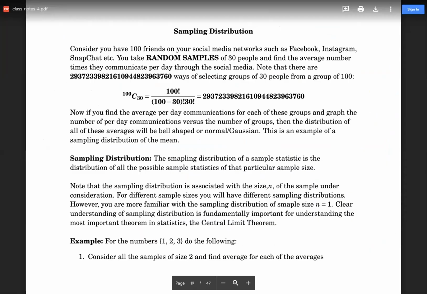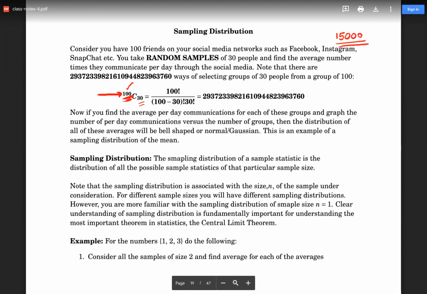Now, just to give you an idea, look at this. This is crazy. Having a population of size 100 is nothing. It's really small. Even our Hartnell College has 15,000 students, and I'm talking about 100. Let's say Hartnell College had only 100 students, and from those 100 students, I selected groups of 30. Every time I'll select a different group of 30 students from this group of 100.